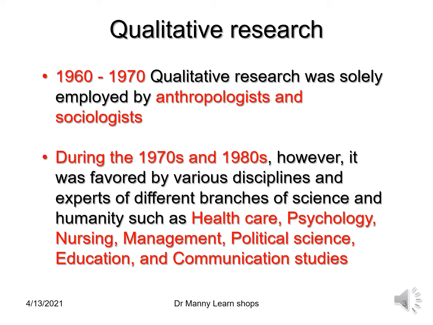It was during the 1970s and 80s, however, that it was favoured by various other disciplines and academics in the branches of science and humanity, such as healthcare, psychology, nursing, management, political science, education, and communication studies. So qualitative research has been embraced by numerous additional disciplines.